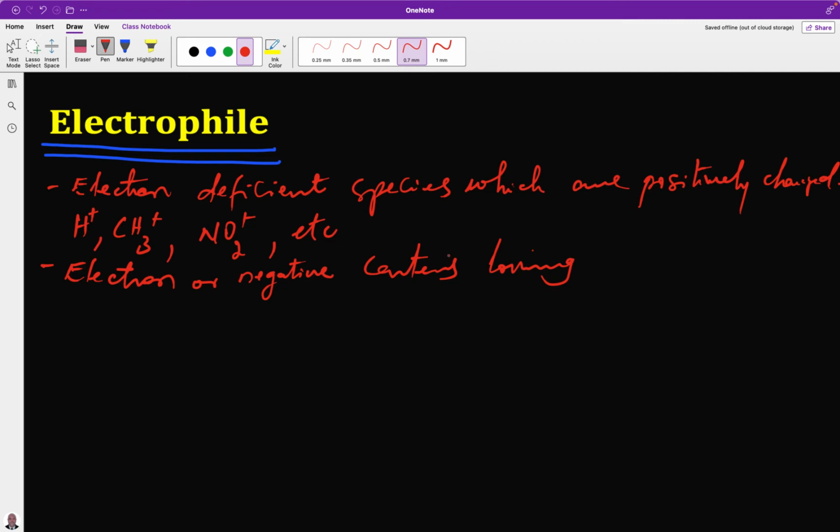Since they love moving towards negative centers, we say electrophiles are electron pair acceptors. We can still say they are electron pair acceptors.